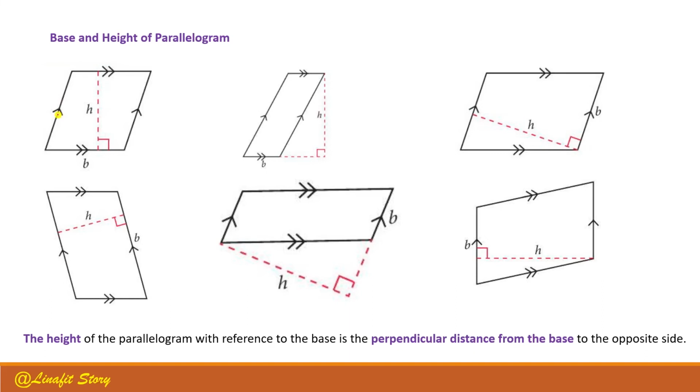So for example, if this is the base, this is the height. This is the base, here is the height. If this is the base, here is the height. And if this is the base, this is the height.